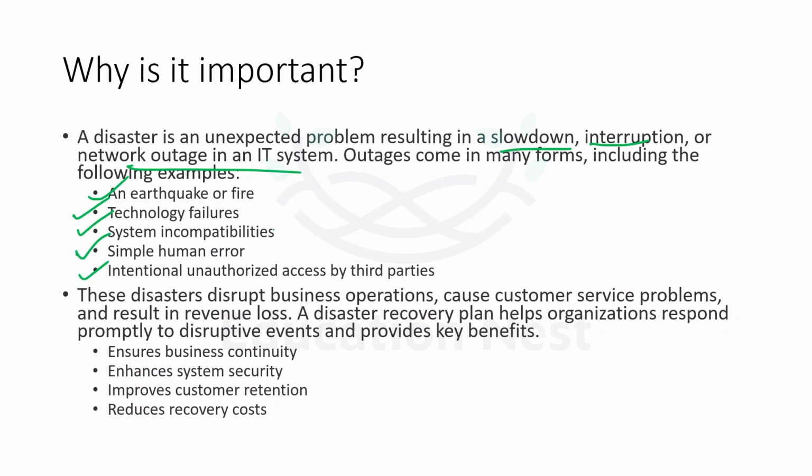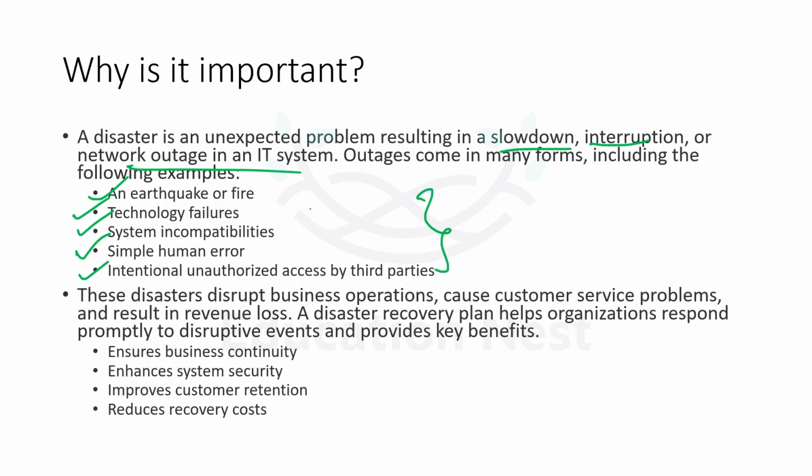Here, disaster does not mean just natural disaster. It can include any of this and anything apart from this, which would result in failure of our infrastructure or which would disrupt our business. So these disasters will disrupt business operations, causing customer service problems, which will ultimately result in revenue loss.